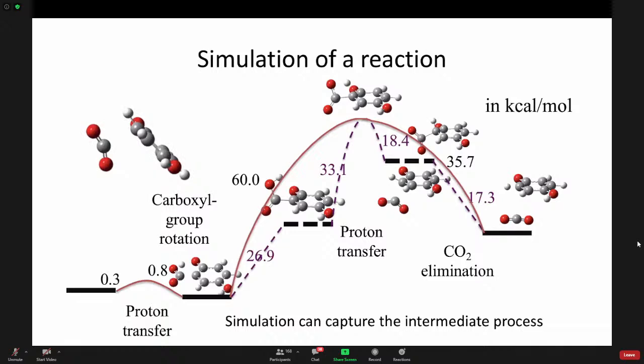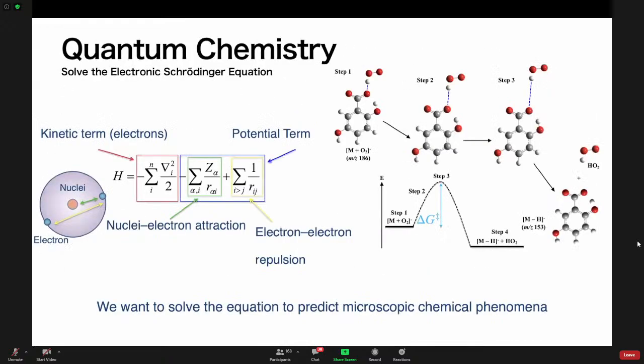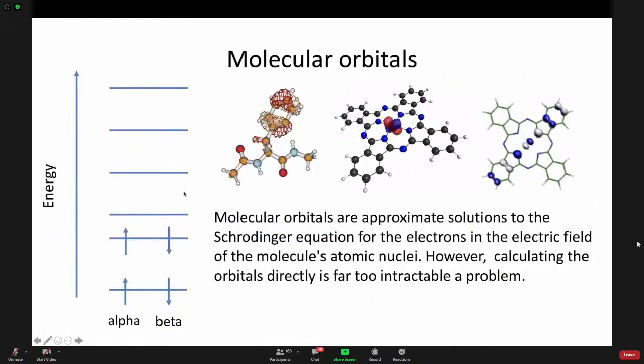First of all, I'm sorry, I'm going back and forth. Describing the electron configuration as a single determinant, one electron configuration, works for many systems, especially when the bond is very stable, then Hartree-Fock will do a relatively good job.